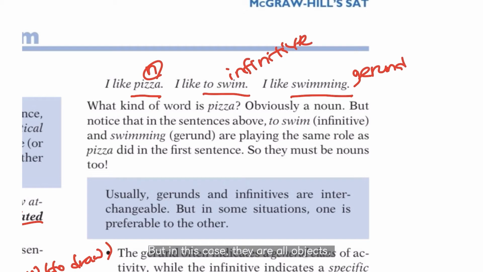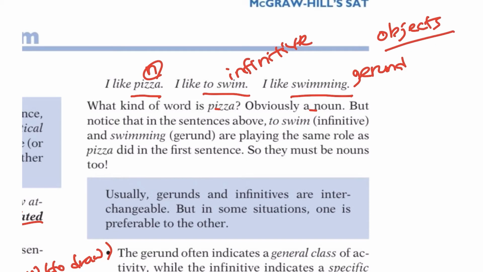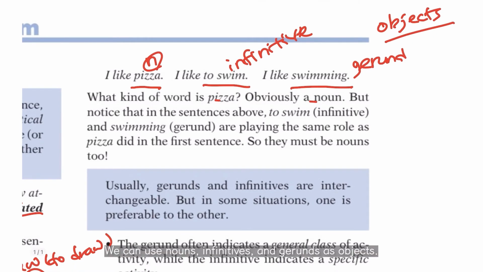But pizza, to swim, swimming, in this case, they are all objects. So we can use a noun or an infinitive or a gerund as objects.